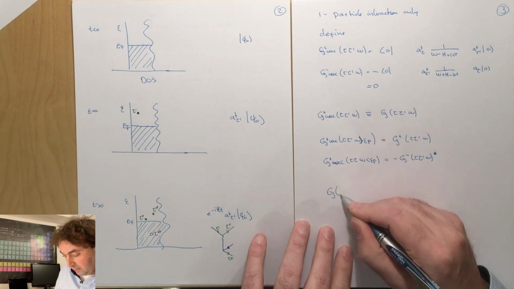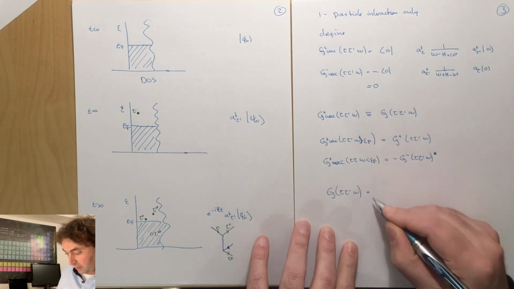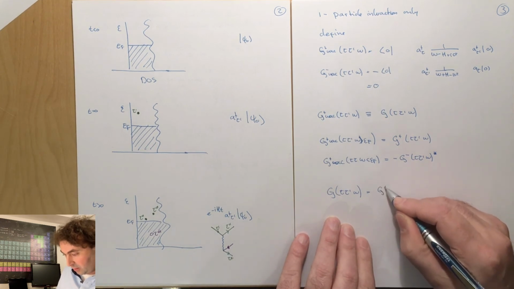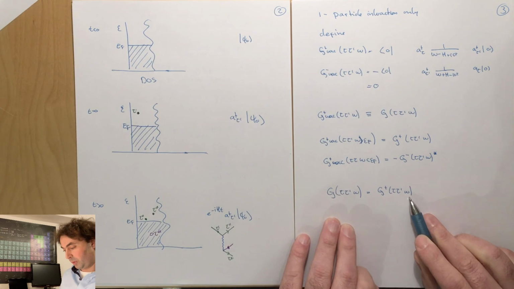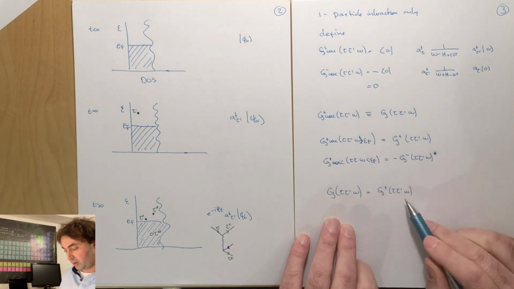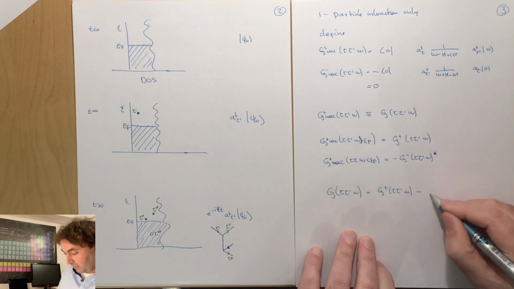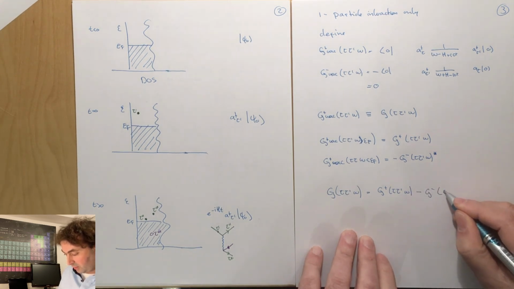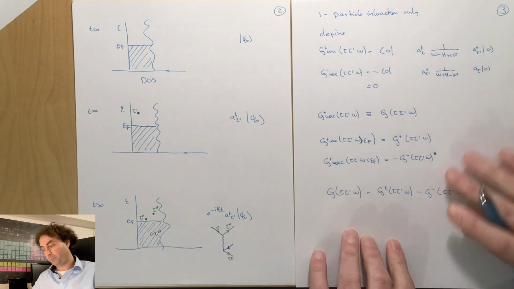And with that, the vacuum Green's function, or just our Green's function, is given as G plus tau prime of omega when omega is larger than the Fermi energy. This has a value. When it is smaller, this one is 0, minus G minus tau prime of omega complex conjugated.